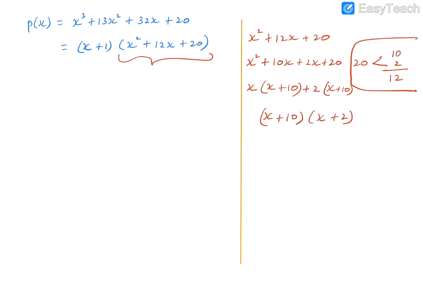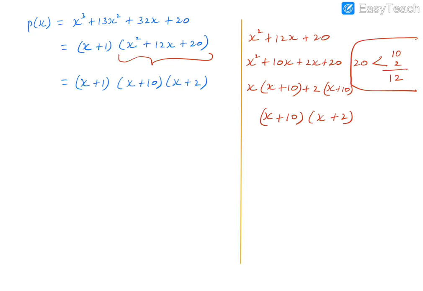Okay, so now we have split the quadratic part into its own factors. So we have x plus 1 into x plus 10 into x plus 2. So now we have all the factors of the cubic polynomial in terms of degree 1: x plus 1, x plus 10, and x plus 2.